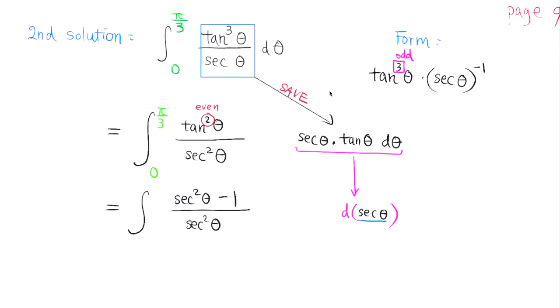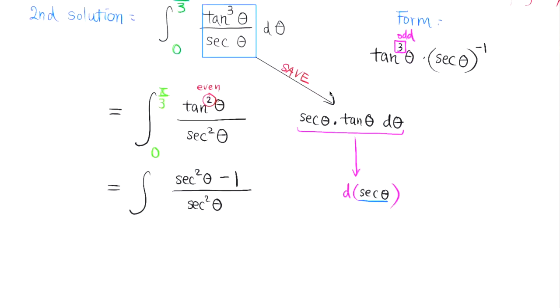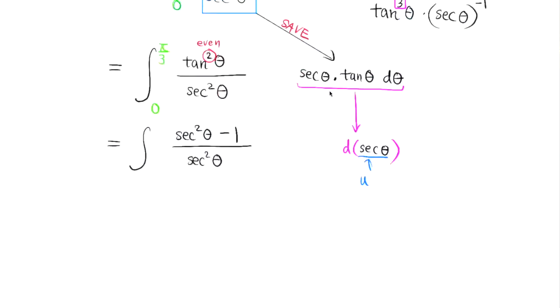Like this, okay. Now we want this to be u. What happened to the limits? So when theta equals 0, then u is equal to secant theta, which is equal to secant of 0. Secant of 0 is 1.